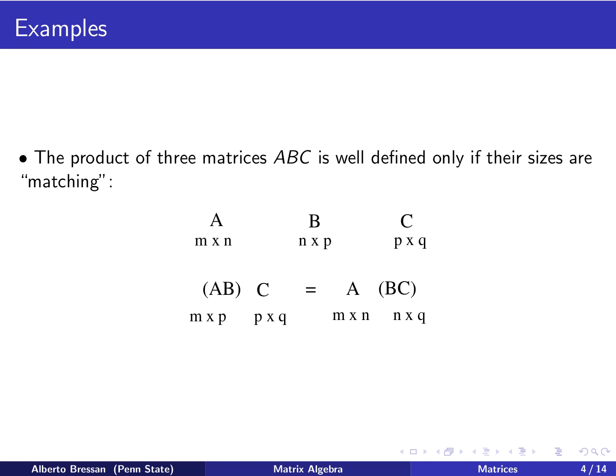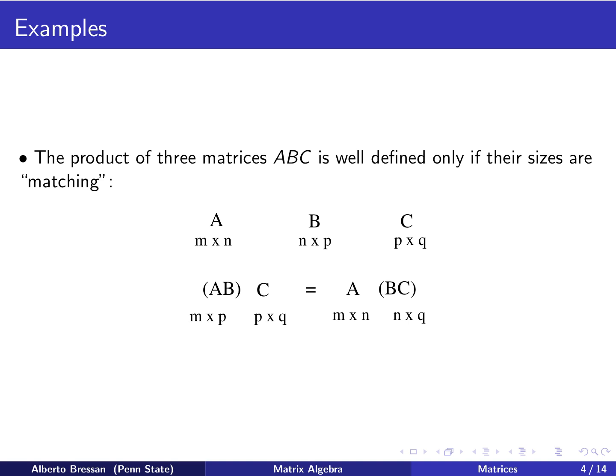Also, there is a triple product in the properties when we write A times B times C. Here the product is defined only if all the sizes match to allow you to carry out this multiplication.